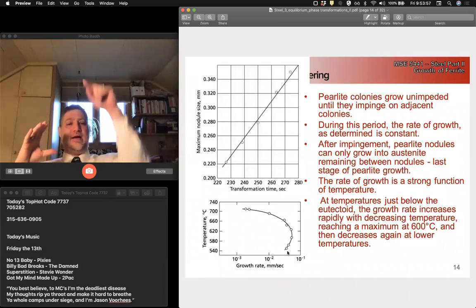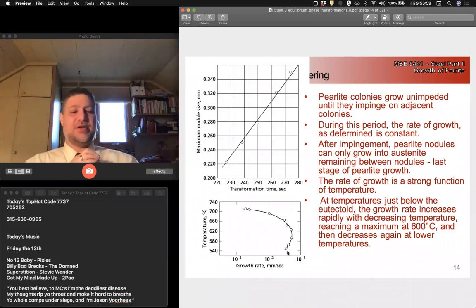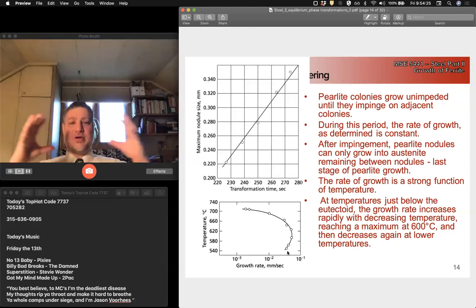Right? At higher temperatures, right? At smaller undercoolings, we don't have a huge amount of driving force for nucleation, but growth is easy because we have a high temperature for diffusion. So that means we're going to nucleate very few pearlite colonies, and the ones that we do nucleate are going to grow very large.